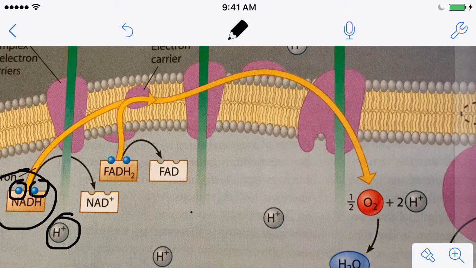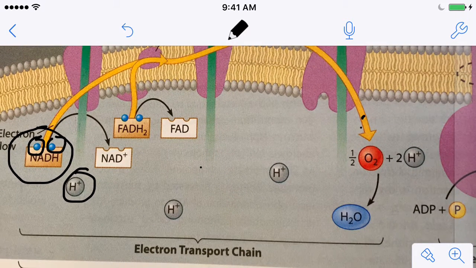This oxygen molecule is also called the final electron acceptor because it will take the electrons and take in hydrogen that is floating around and create H2O. This takes away all the leftover electrons and uses them to make H2O.